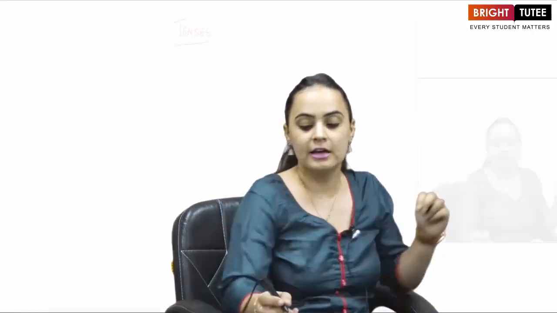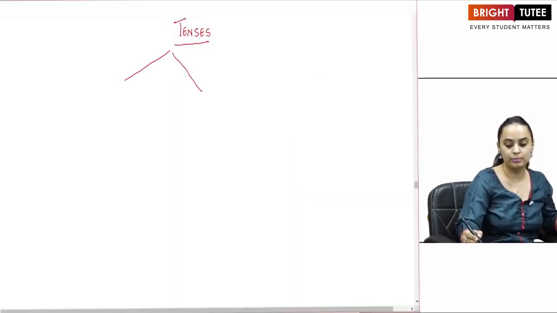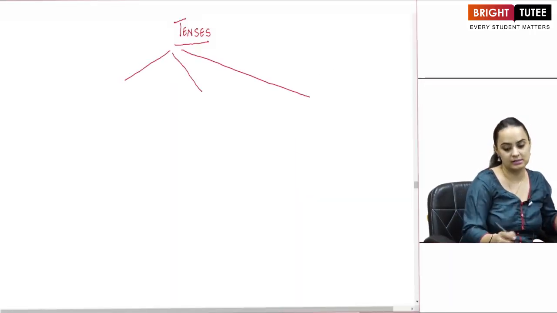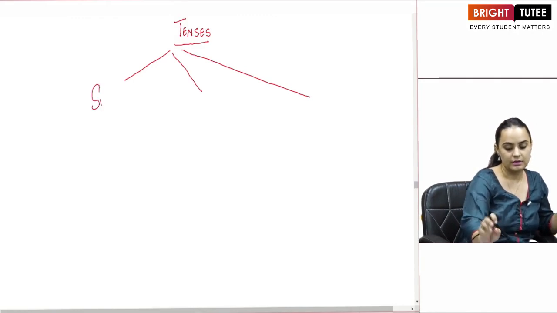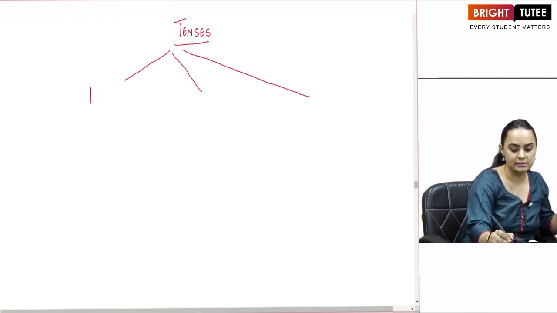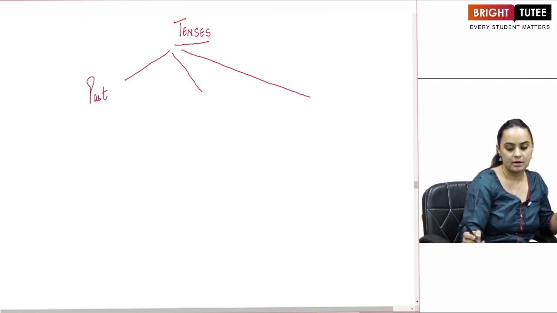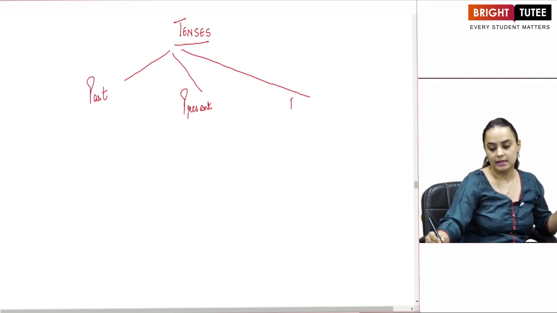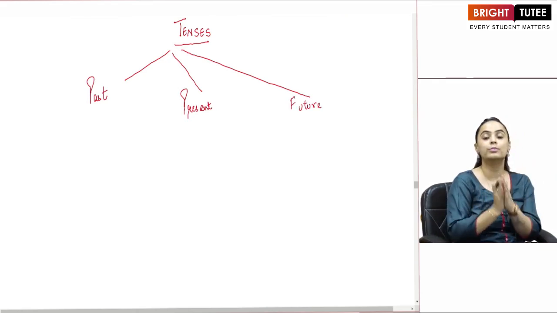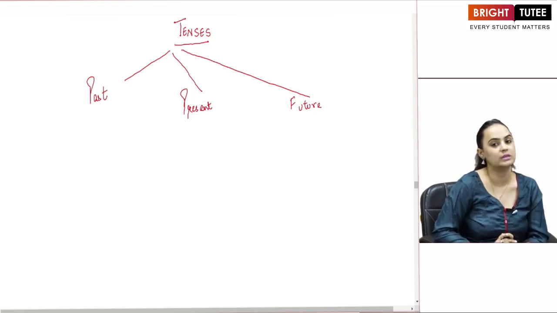So first, there are three broad categories of tenses that we have. We have the past tense, we have the present tense, and then we have the future tense. These are the three broad categories in which we can divide our tenses.